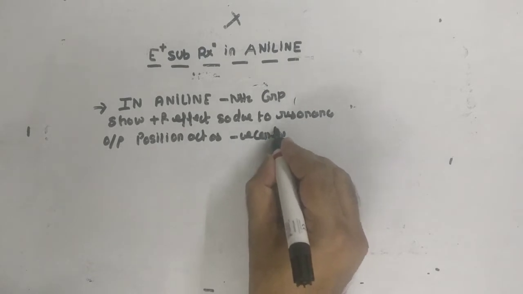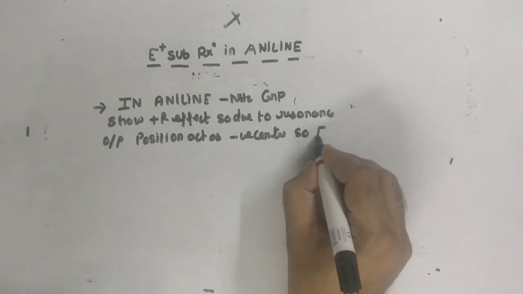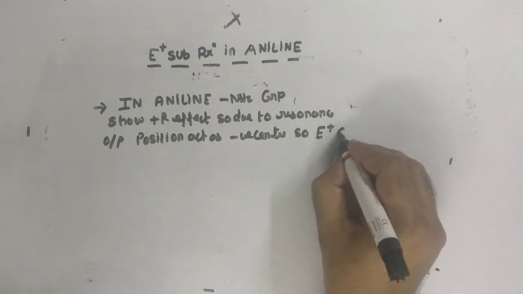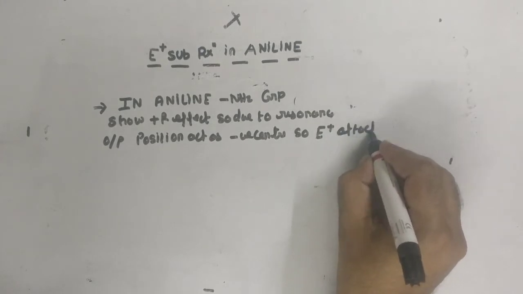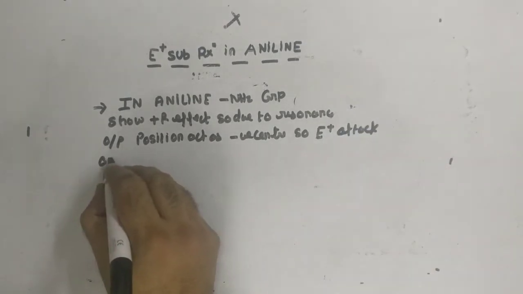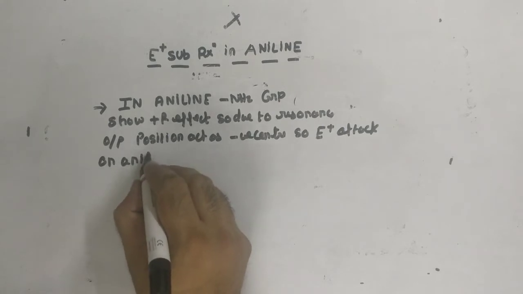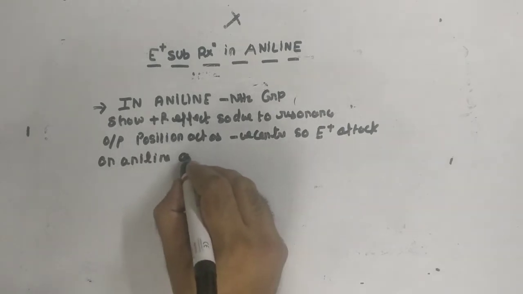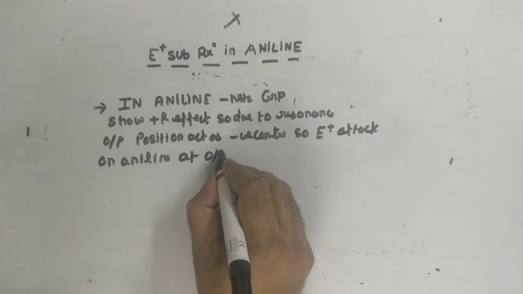So the electrophile attacks on aniline at the ortho position and para position.